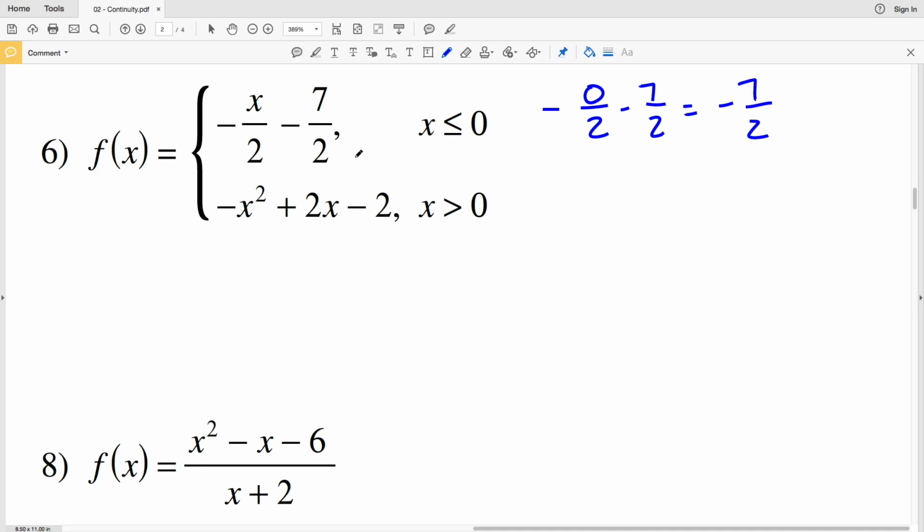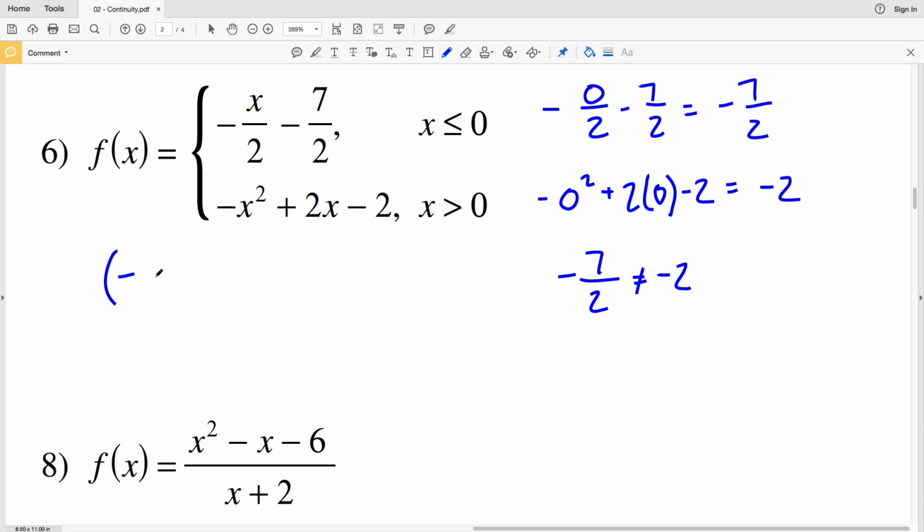So I need to see if this second function equals negative 7 halves when I plug in 0 for x. So the opposite of 0 squared plus 2 times 0 minus 2, that's going to equal a negative 2. So because negative 7 halves does not equal negative 2, then my function is not continuous at that point. When x equals 0, we have a point of discontinuity.